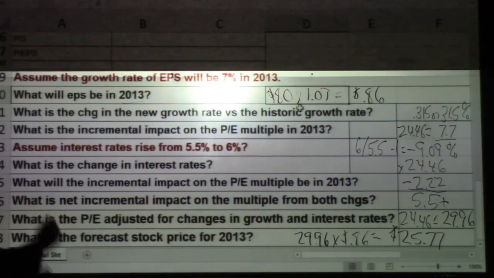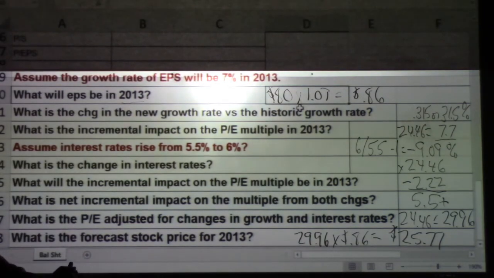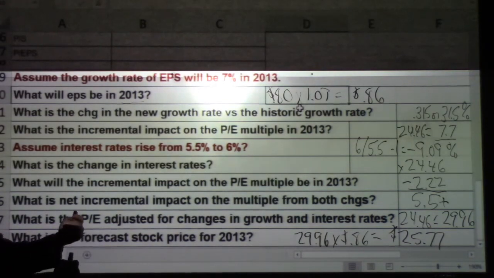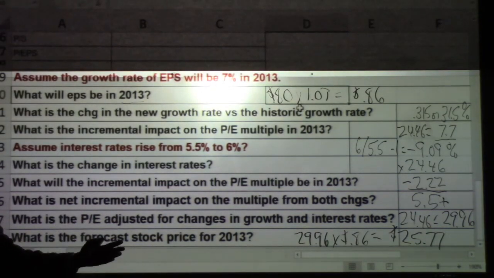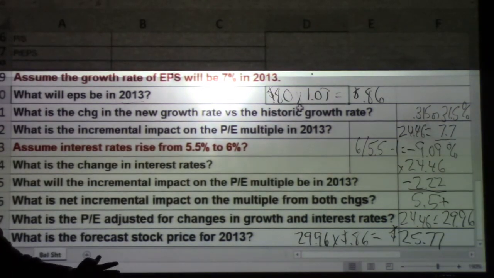It's all about grabbing those financial statements, finding those fundamentals that we're buying, sales, cash flow, earnings, book value, finding the growth rates of those historical fundamentals, and then forecasting forward, so that we know what to expect in the year ahead.